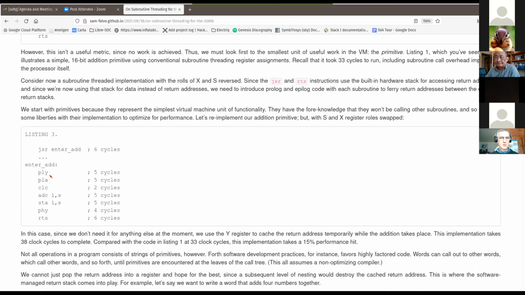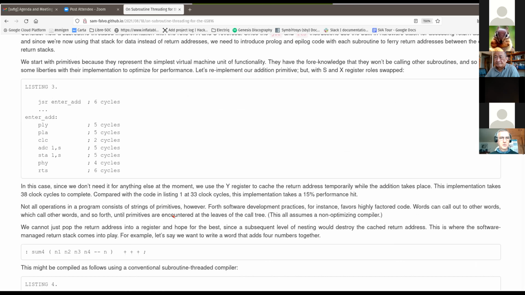You can see here I'm pulling two numbers, adding them, and depositing the result back onto the stack. This comes to a total of 38 clock cycles to complete this operation, which includes the overhead for the subroutine call and the return. So anytime you use a plus operation, you're looking at consuming about 38 cycles.